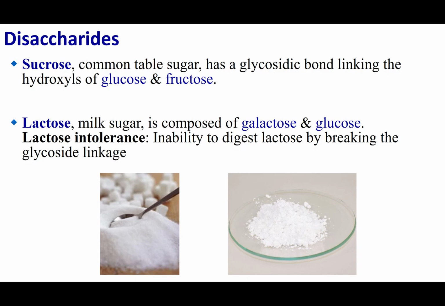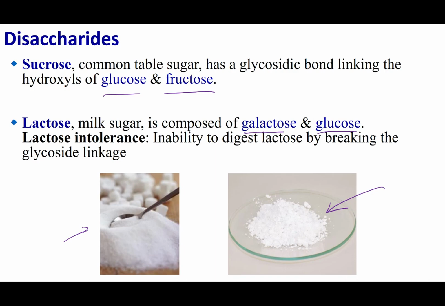If I take glucose and fructose and combine these 2 different monosaccharides, what I get is something called sucrose, and you guys know this as common table sugar. If I were to take galactose and glucose and put them together, what I get is lactose. And so for those of you guys that are lactose intolerant, this is the devil for you guys.